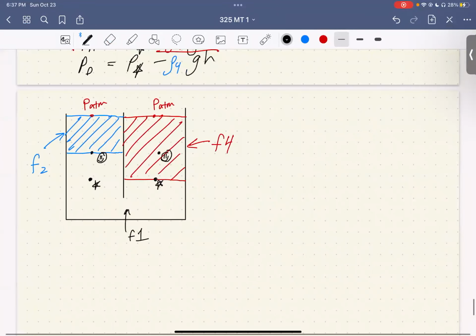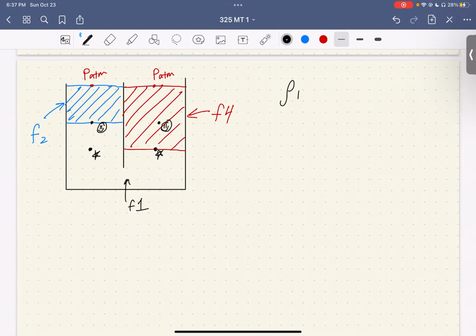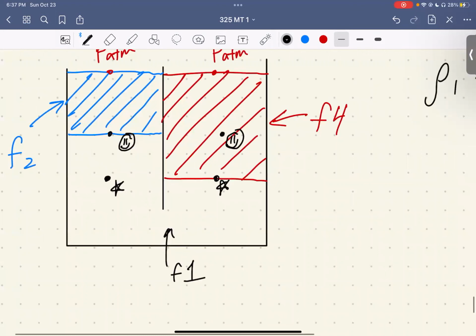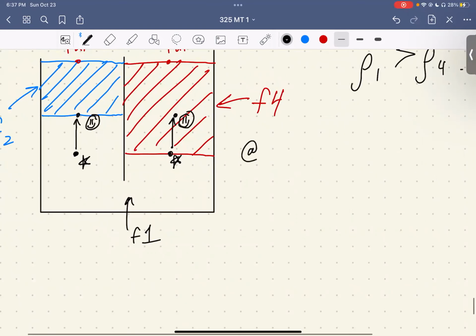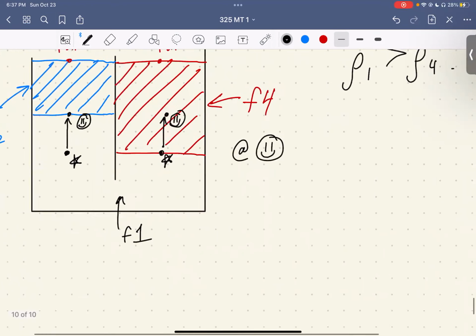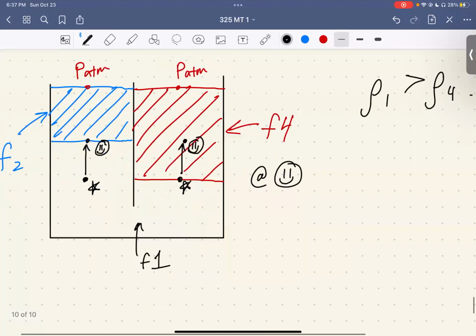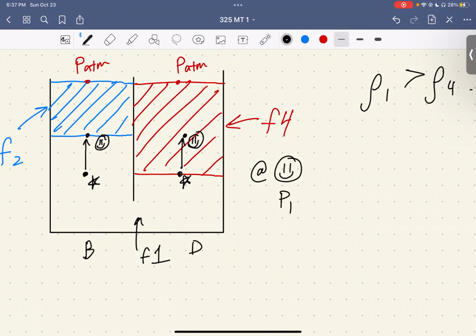What do we know so far? We know that rho 1 is greater than rho 4, and that was determined earlier. We are trying to now compare rho 2 and rho 4, and also pressure at B and D. So let's take a look. If we look right here, we're going to first travel up to smiley face. At height smiley face, remember this is B, this is D, we have pressure B is what?